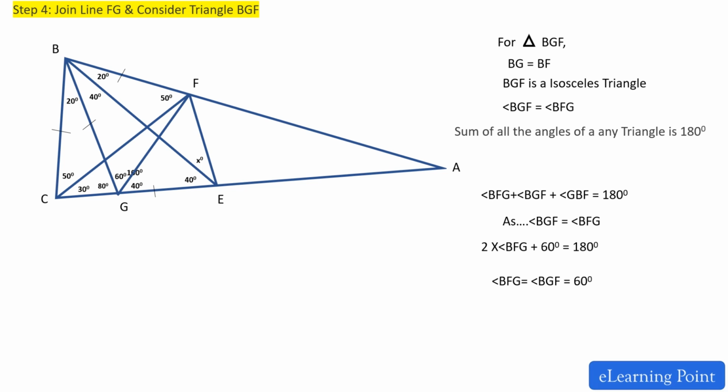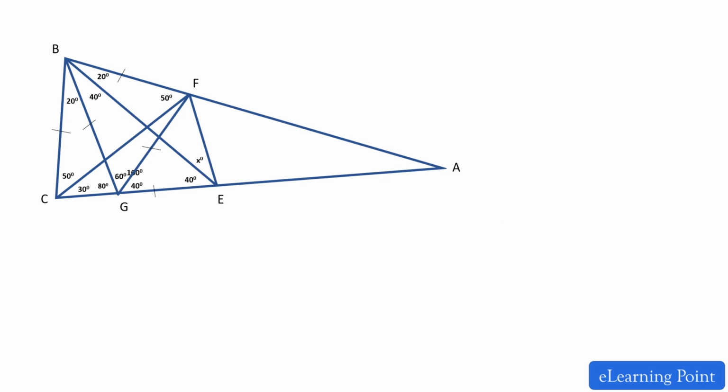So angle BFG equals angle BGF equals angle GBF equals 60 degrees. So triangle BGF must be an equilateral triangle, as all the angles are equal. So side BF equals side FG equals side BG. Again I have marked these sides.